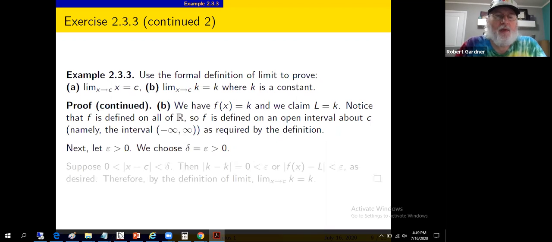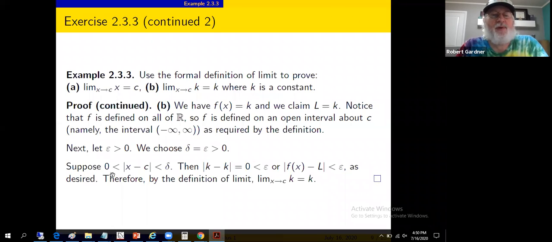We're good. We'll let epsilon be greater than 0, and we'll choose delta to be something. Trust me, delta equals epsilon works. We'll draw a picture. You'll see I could have chosen anything for delta, it turns out, as long as it's positive. Suppose 0 is less than the absolute value of x minus c is less than delta.